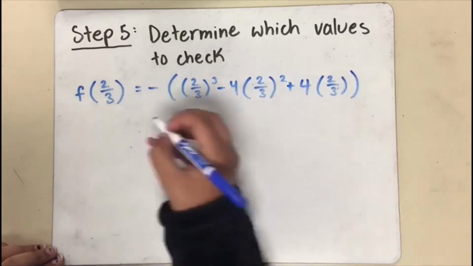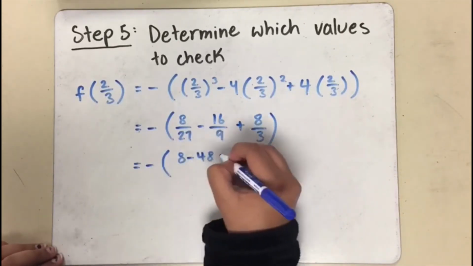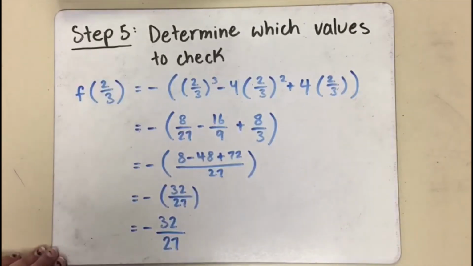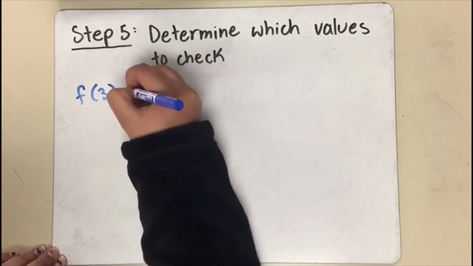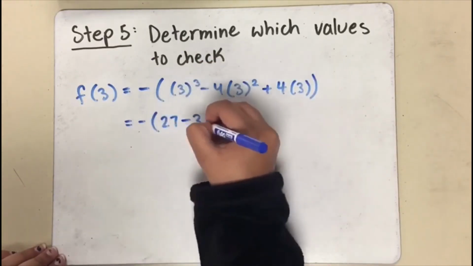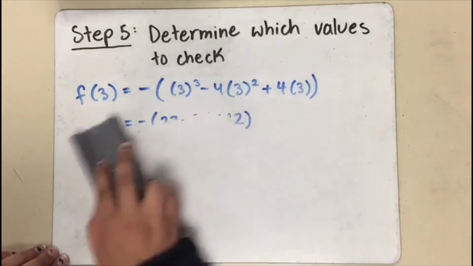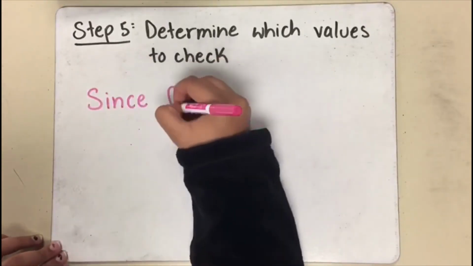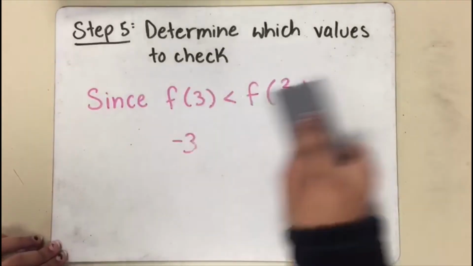We can calculate that f of 2/3 is equal to -32 over 27, and that f of 3 is equal to -3. It is important to note that f of 3, or -3, is less than f of 2/3, or -32 over 27.